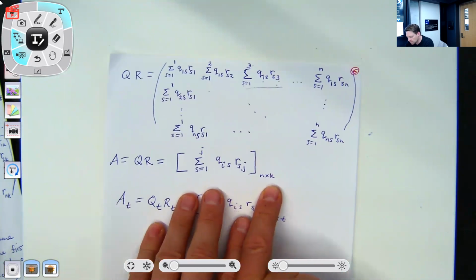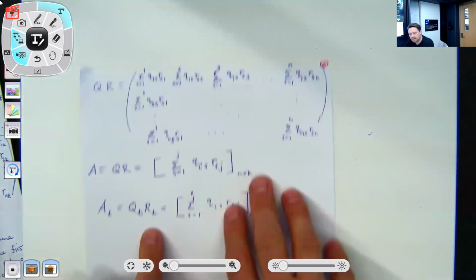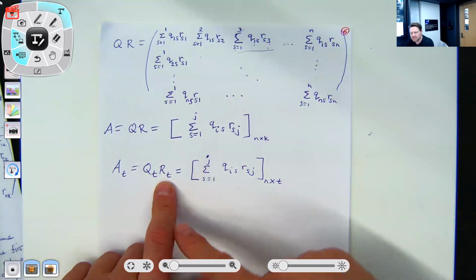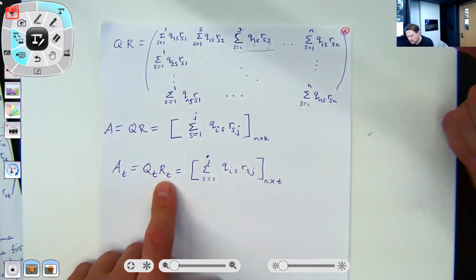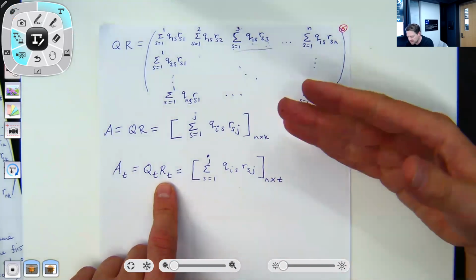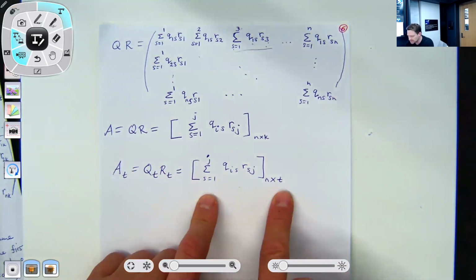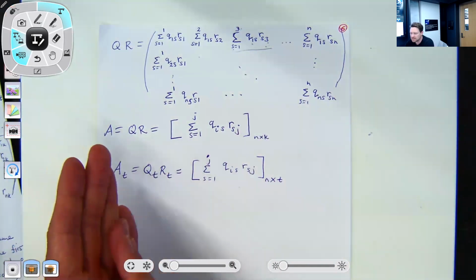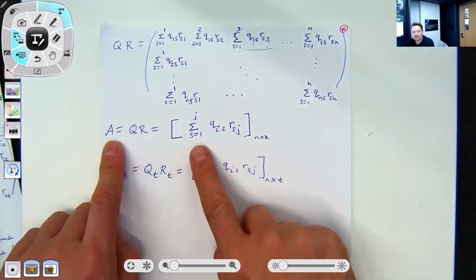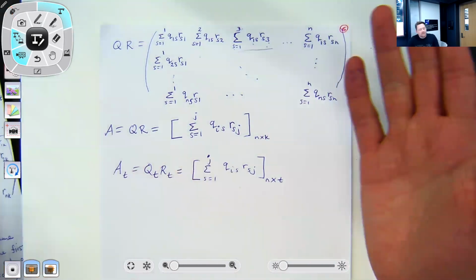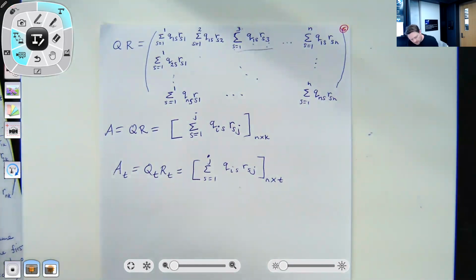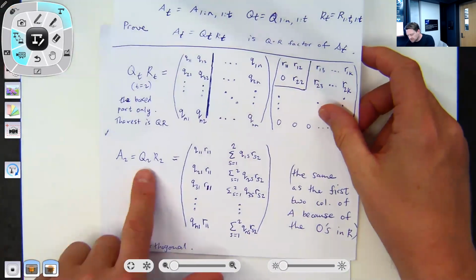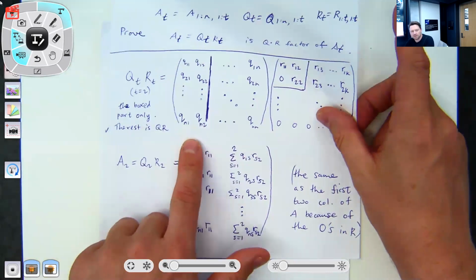Now if we just look at QT times RT, which remember was the first T columns of Q times that square T by T submatrix of R, right? This we found has the very same definition, except it's an n by T matrix. And so that's just saying that this is the first T columns of this matrix A. The final thing we need to observe is that this QT also has orthogonal columns in it, right?